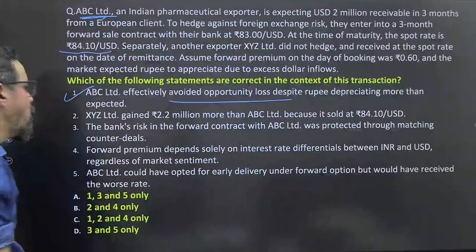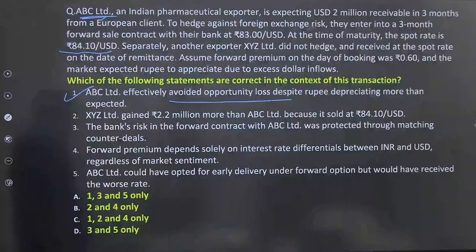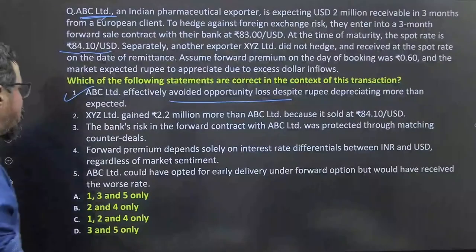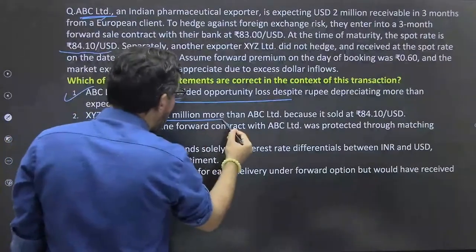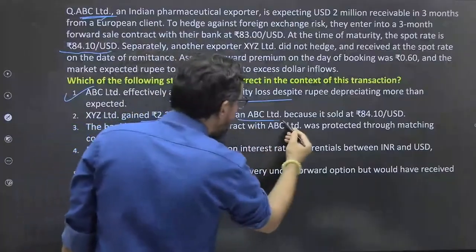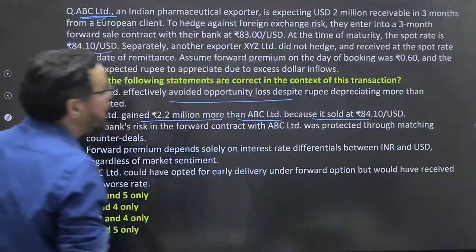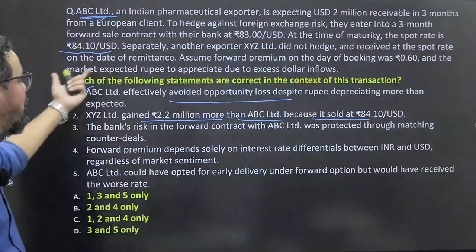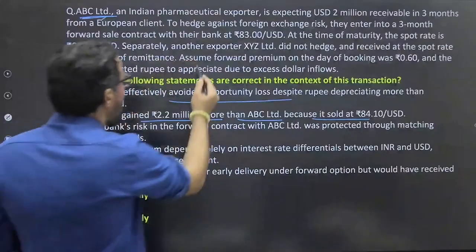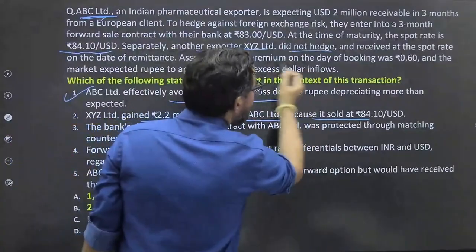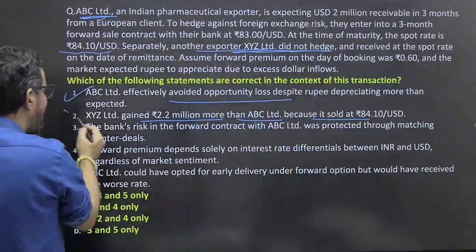There is no issue with the first statement. Statement one is correct. XYZ gained 2.2 million more than ABC because it sold at 84. Another exporter, XYZ, did not hedge, which means they did not enter into any contract.